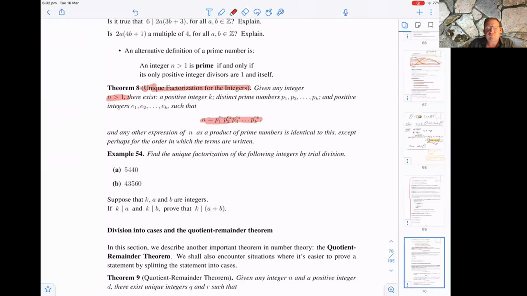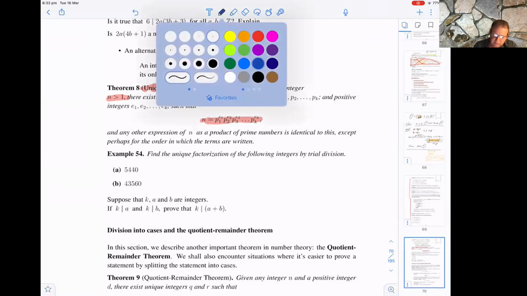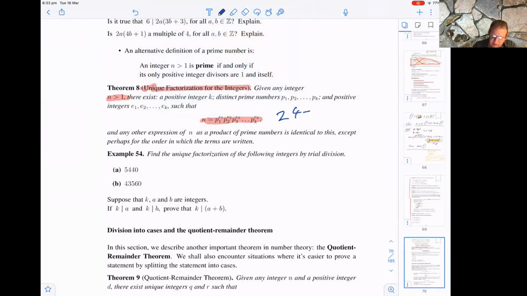For example, 24 is 2 to the power 3 times 3 to the power 1. So you had 2 prime factors, and 2 appeared 3 times, etc. You can do this for any integer. So that's an important basic property that you need.